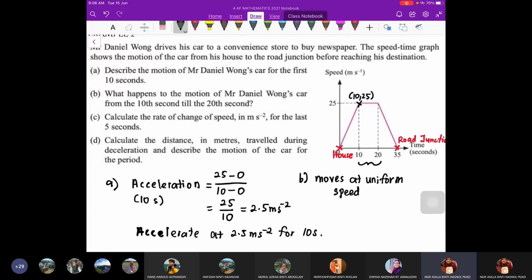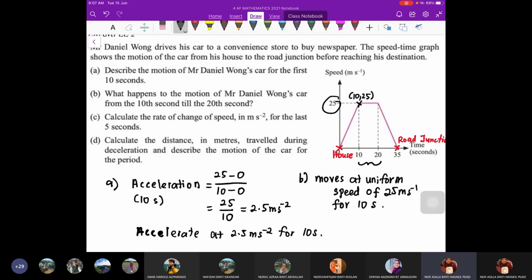Berapa uniform speed dia? Uniform speed of 25 meter per second. For how many seconds? 10 seconds. Habis. Okay, C.